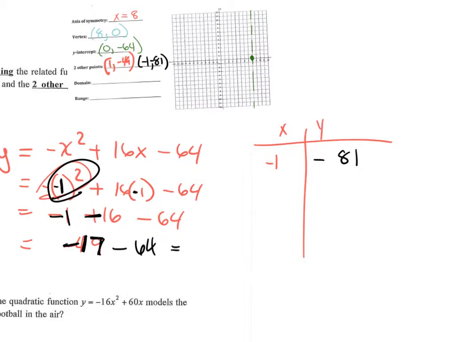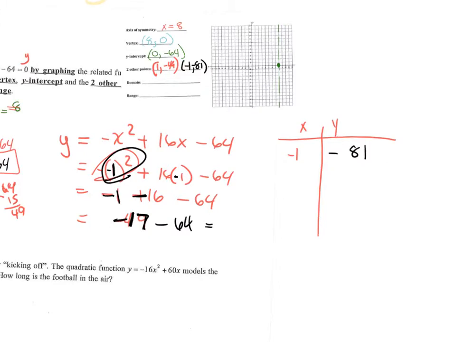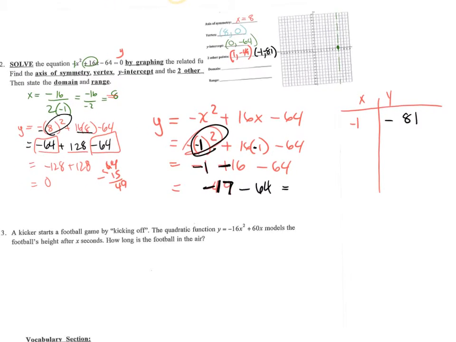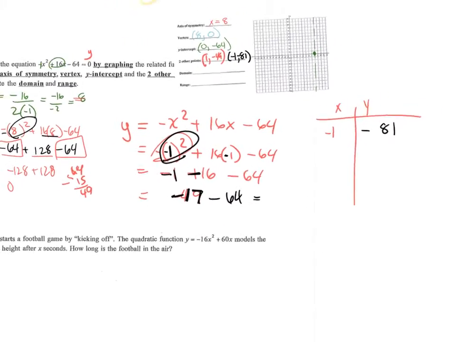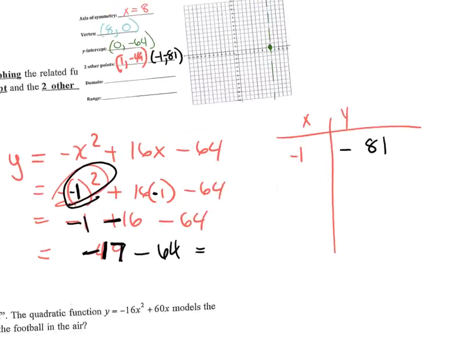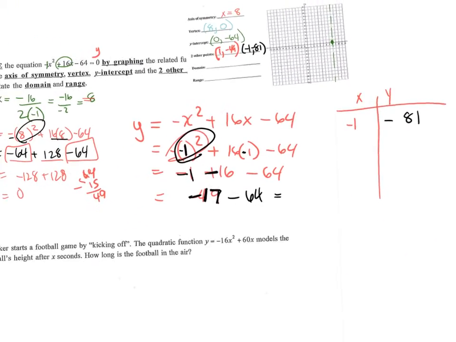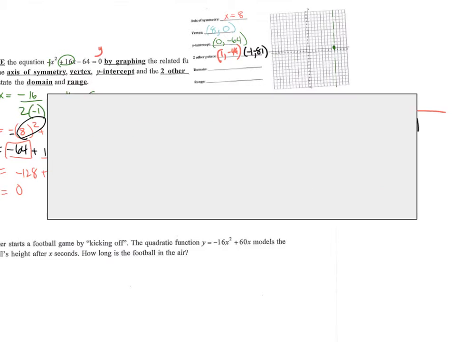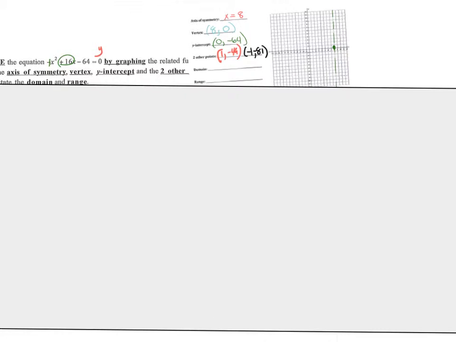What if you just do like... In order to find the... I would find the roots. And to find the roots, I would take my equation, y equals negative x squared plus 16x minus 64. I would set it equal to 0.